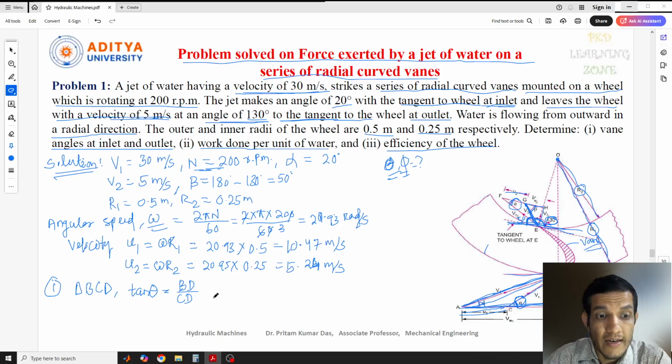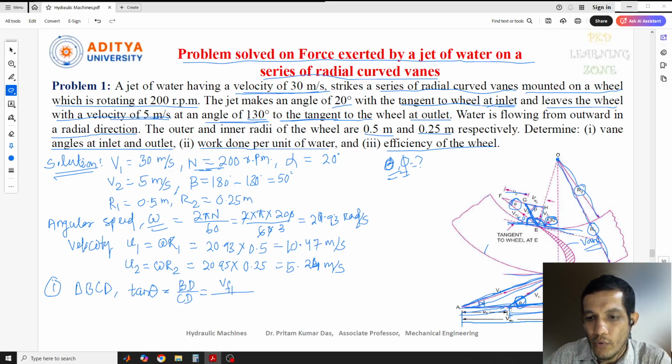So here I'm directly writing the tan theta value for this triangle. Tan theta equal to perpendicular divided by the base. So here BD equal to VF1. Similarly CD value is not given for us here. CD value we need to identify.